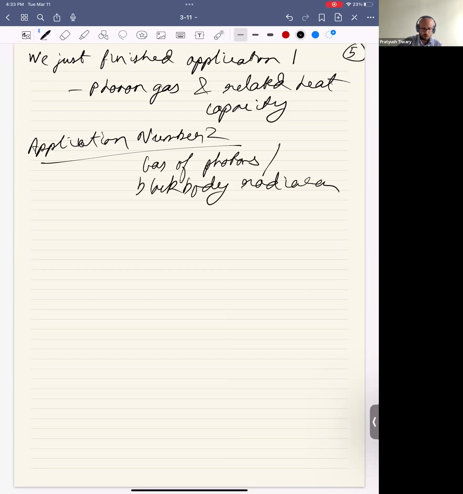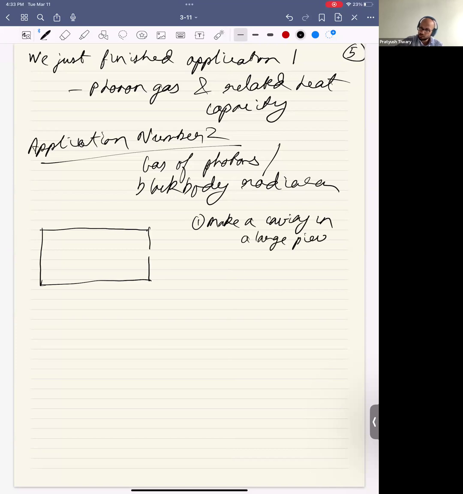What is black body radiation? You take a box and you suck out all the molecules out of this. So you make a cavity in a large piece of material. Evacuate the cavity.